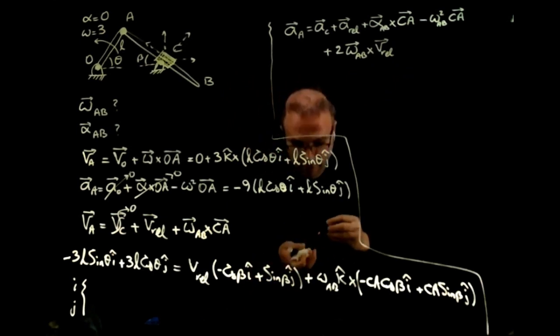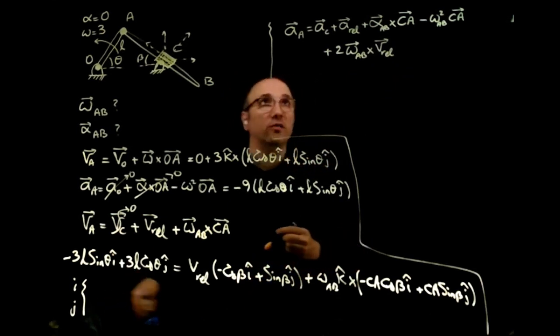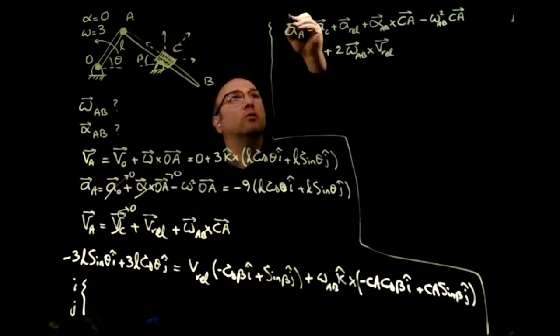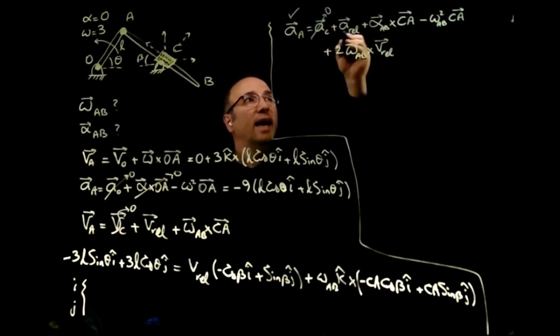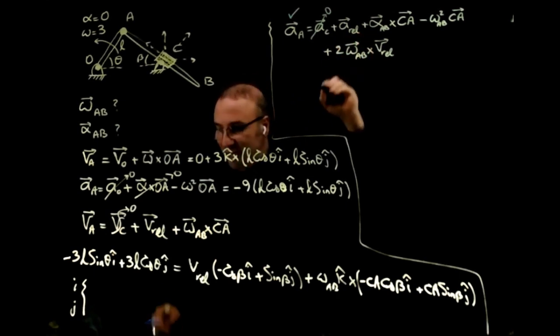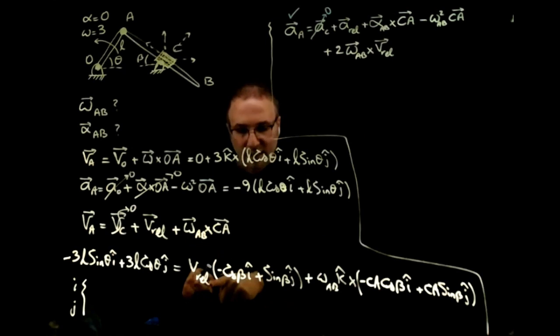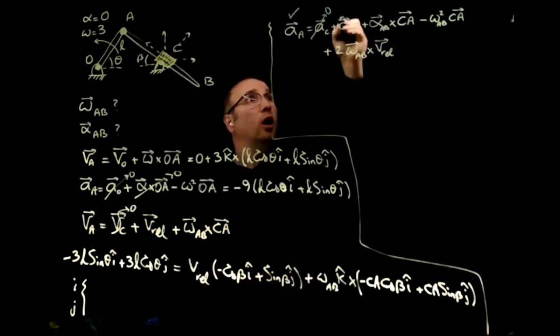So in this equation now, again, like before, I have two components, I and J. AA, we already found, right? We found everything about that AA. This is 0. Then AREL, we know the direction, again, like before. I can write it as AREL, the magnitude, and this direction. So I would have one unknown here.